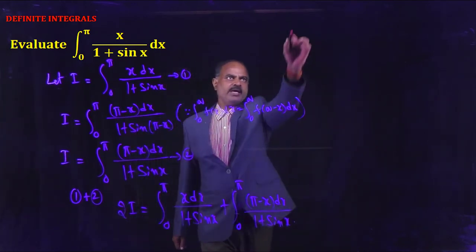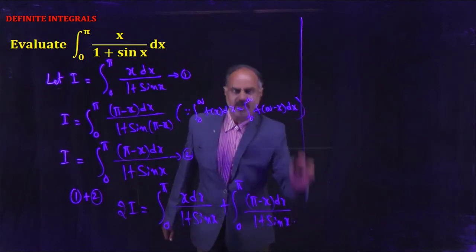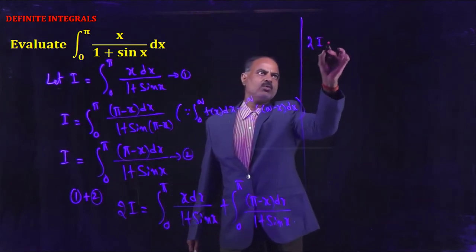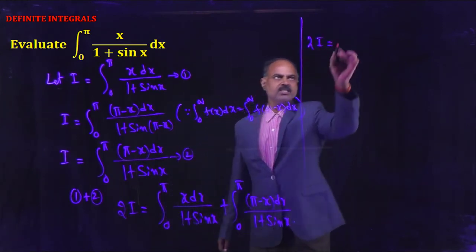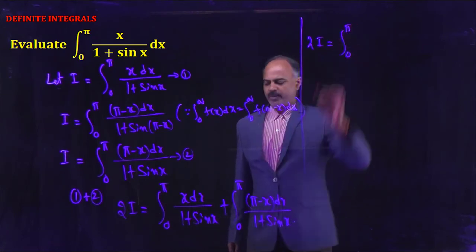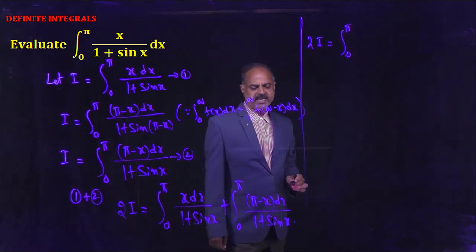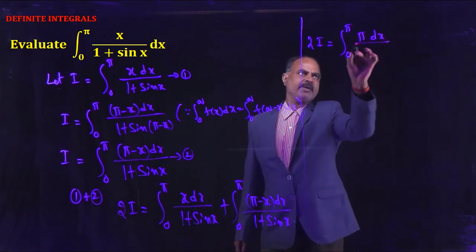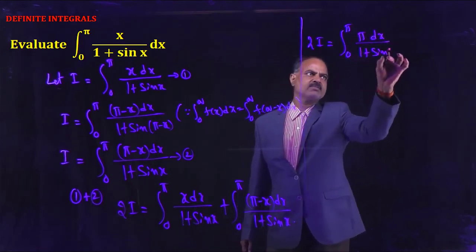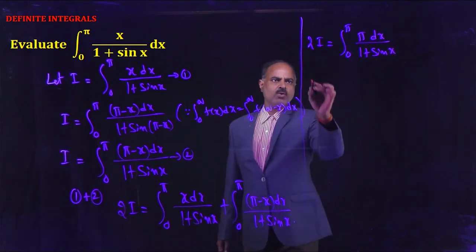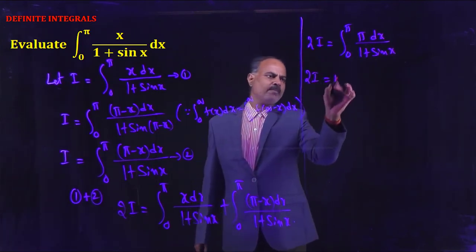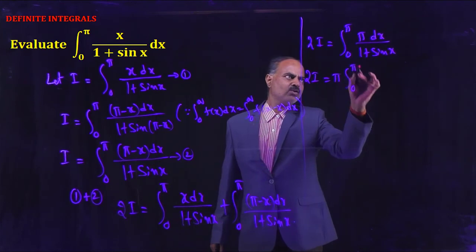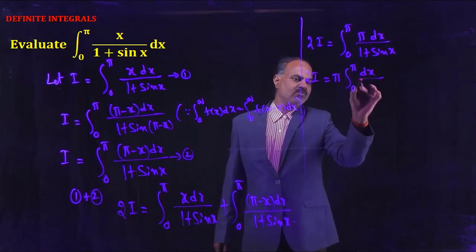Now 2I equal to integral 0 to pi x plus pi minus x, so x gets cancelled, pi dx by 1 plus sin x. Now 2I equal to pi into integral 0 to pi dx by 1 plus sin x.